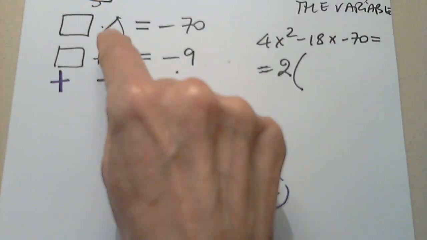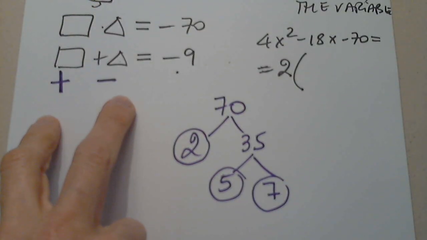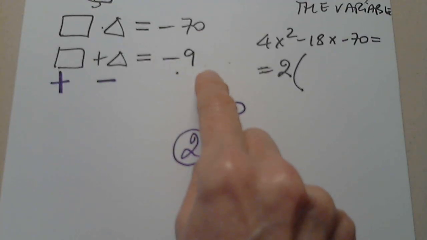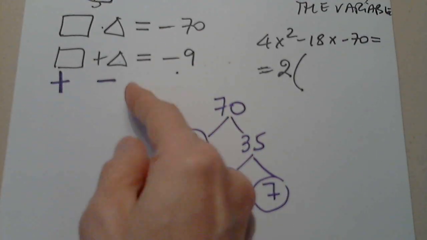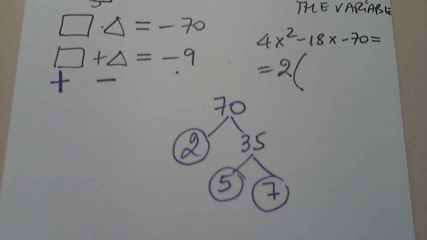Again, the thinking process starts with the product. The product is negative, therefore, the 2 numbers have to have opposite signs. Now, because the sum is negative, this must be stronger to overtake this and get a negative answer.